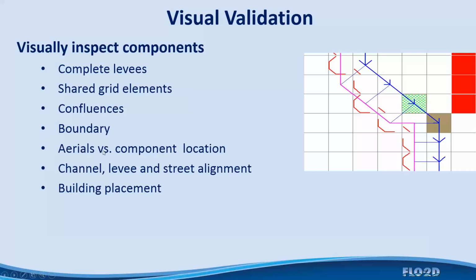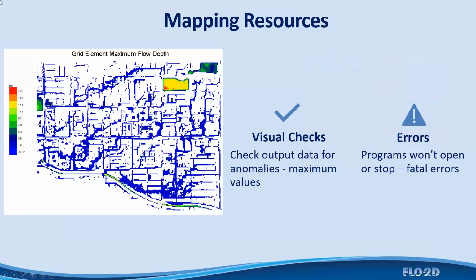Use aerial images to help verify that you're using the component correctly in a given location. Whether or not your channels and streets and levees are all aligned, and whether or not your buildings are in the right place. All of these can be looked at with your various mapping resources or Maximum or in the QGIS data file shape files.